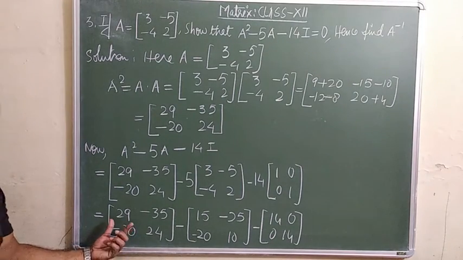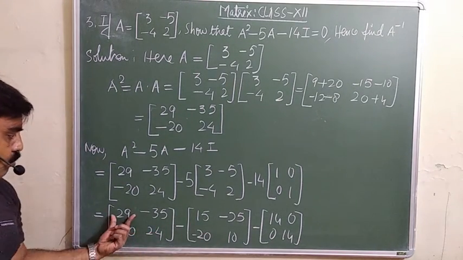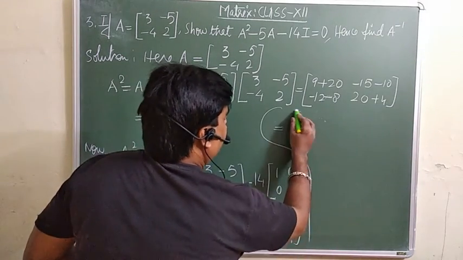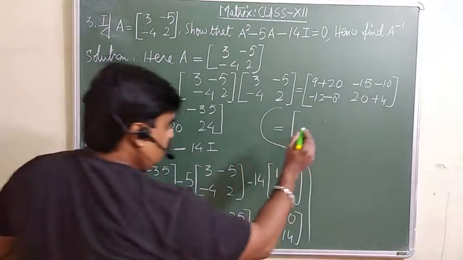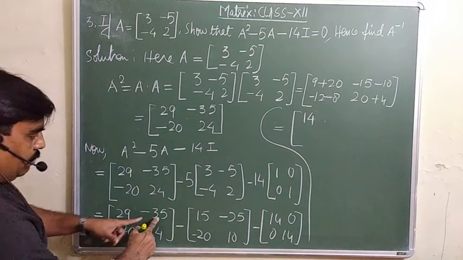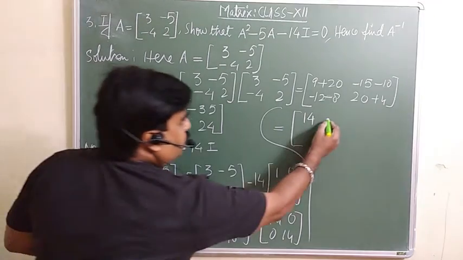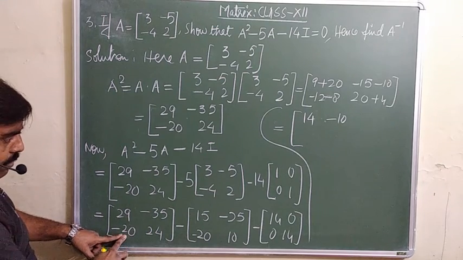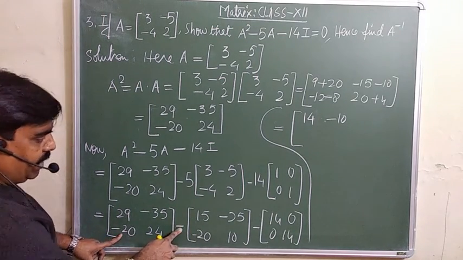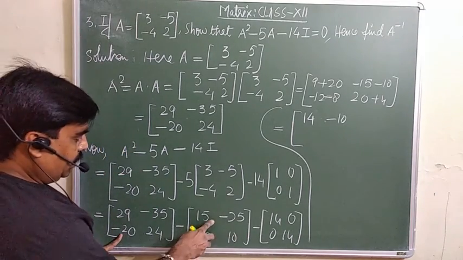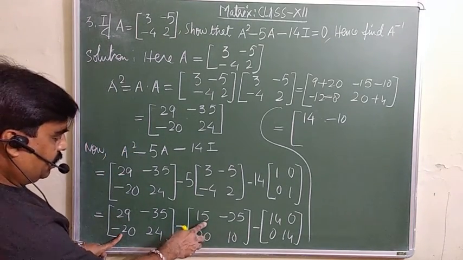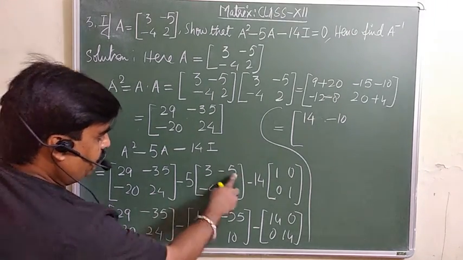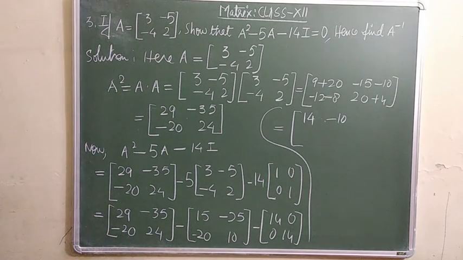So first of all you are supposed to subtract this matrix from this one. 29 minus 15, that is 14. Minus 35 minus minus 25, you will get minus 10. And minus 20 minus minus 20, minus and minus becomes a plus, so you are getting this. Have a look.